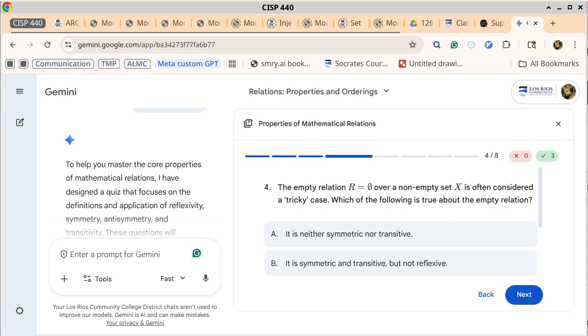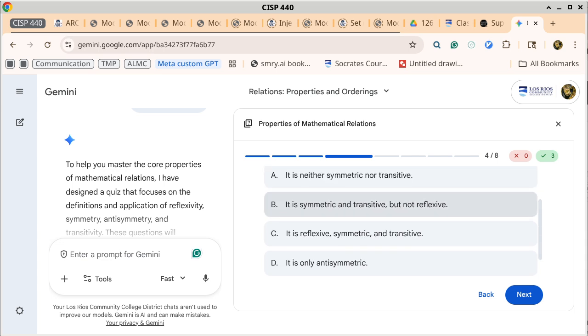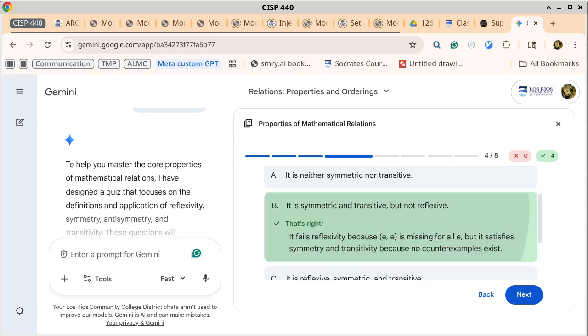Which of the following is true about the empty relation? It is symmetric, it is transitive but not reflexive. That's one potential answer. It is also anti-symmetric, so we're going to have to pick this one as the only correct answer.